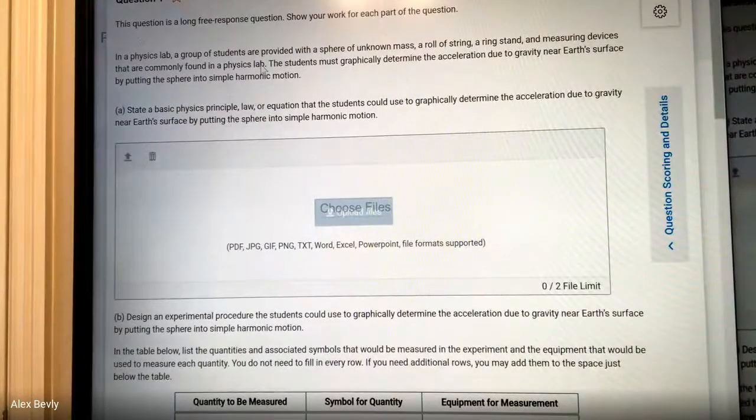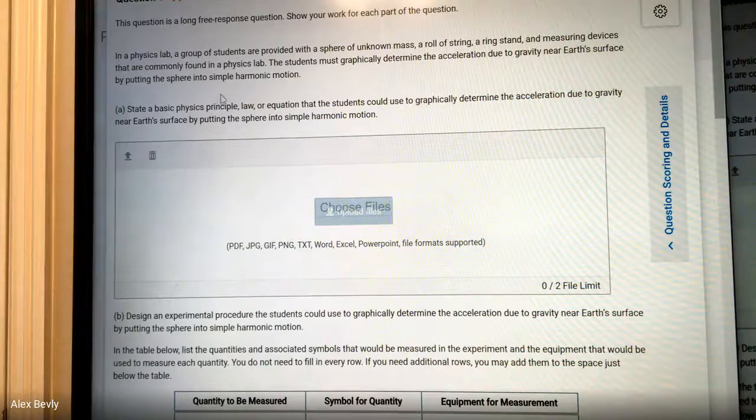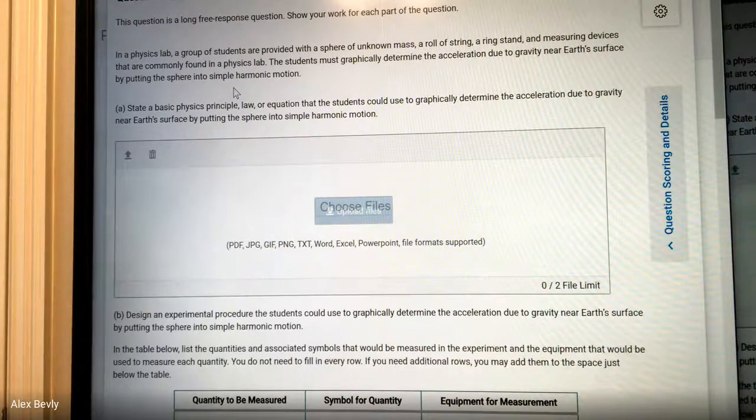So in a physics lab, a group of students are provided with a sphere of unknown mass, a roll of string, a ring stand, and a measuring device that are commonly found in a physics lab. The students must graphically determine the acceleration due to gravity near the Earth's surface by putting the sphere into simple harmonic motion.